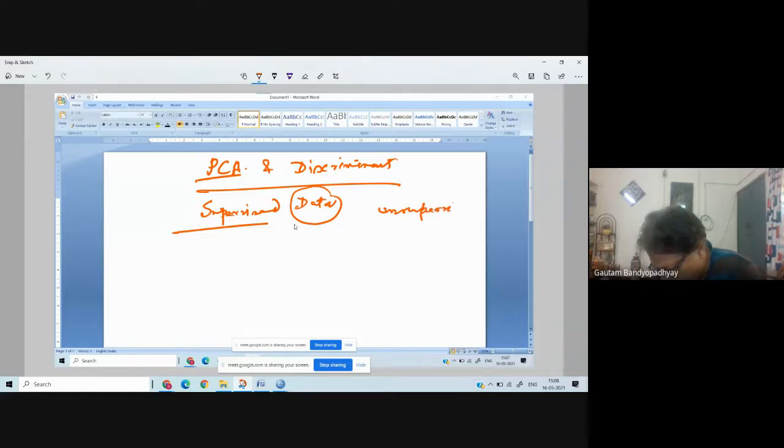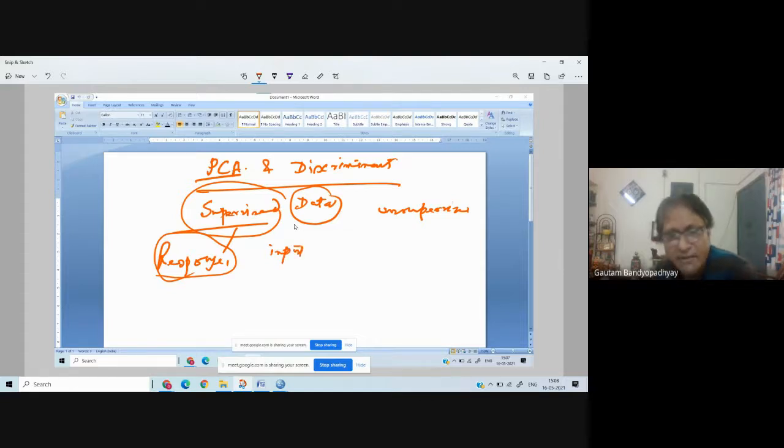Okay. Supervised data means when you know the response, or we can say output, or dependent variable. So these are known. And all the inputs or predictors or independent variables, the set of these values, are also known.